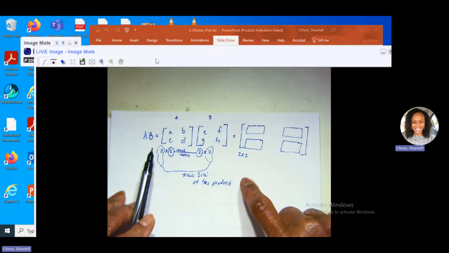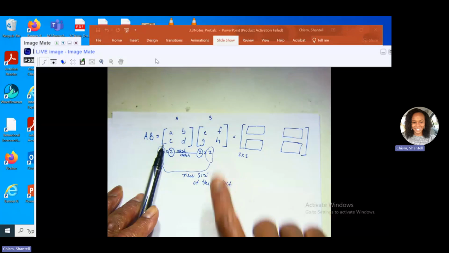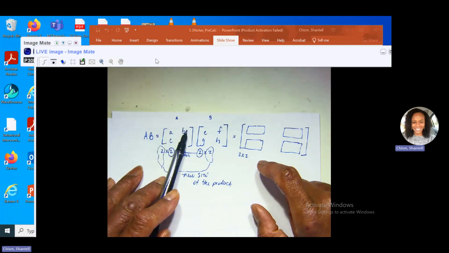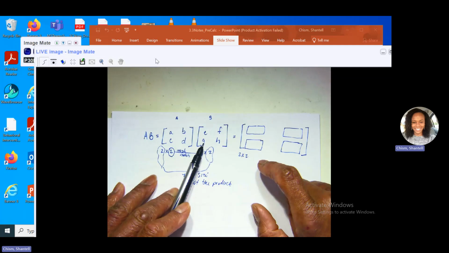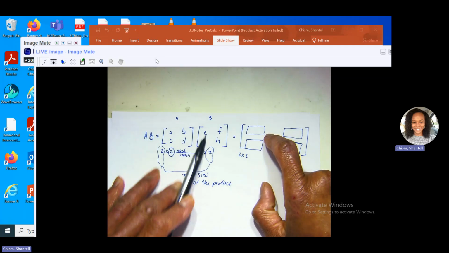Just like we got the size by using the rows of the first one and the columns of the second one, that's exactly how we're going to get the elements. We're going to say the rows here times the columns. So for this first spot, this is row 1 times column 1.